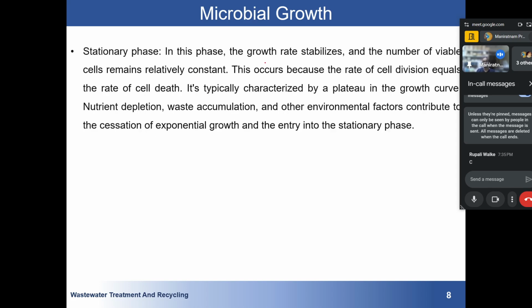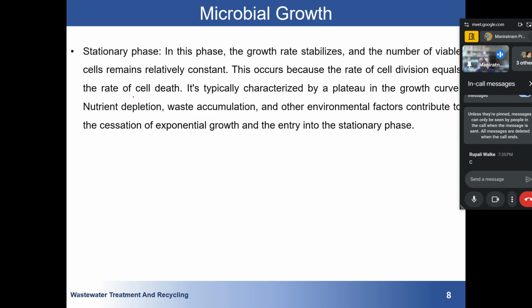In this stationary phase, the growth rate stabilizes and the number of viable cells remains relatively constant. This occurs because the rate of cell division is equal to the rate of death, because availability of food has been reduced. More than 50% of the food has been consumed, and the cells of the microbes are dying.